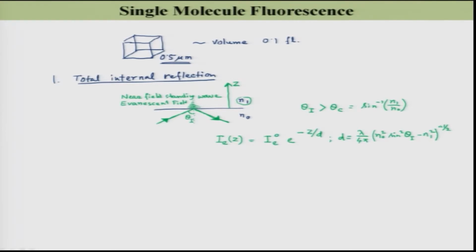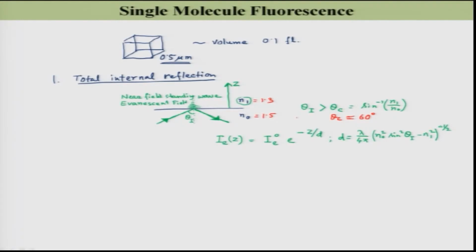For example, let me consider n0 is equal to, let us say, 1.5, some type of glass, and this is 1.3, like water. So, I can readily calculate the theta c value from here. Theta c will be around 60 degrees, right.